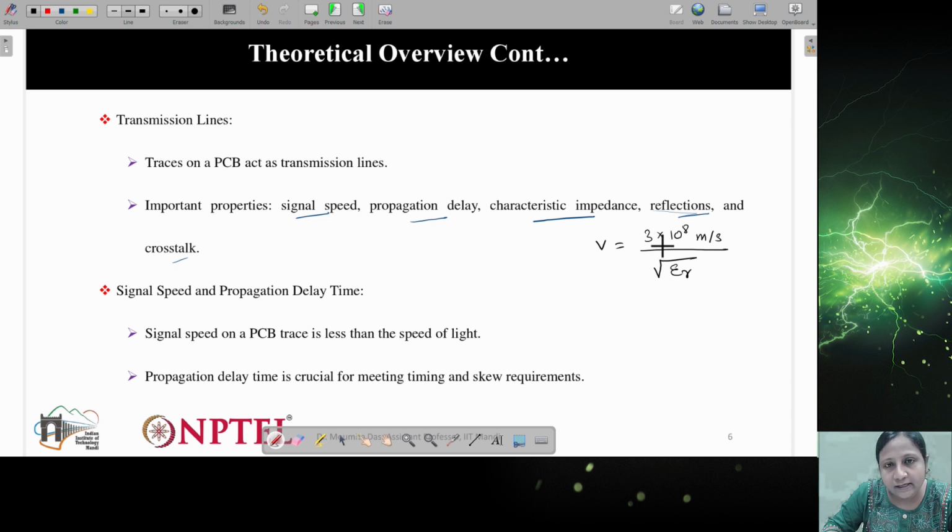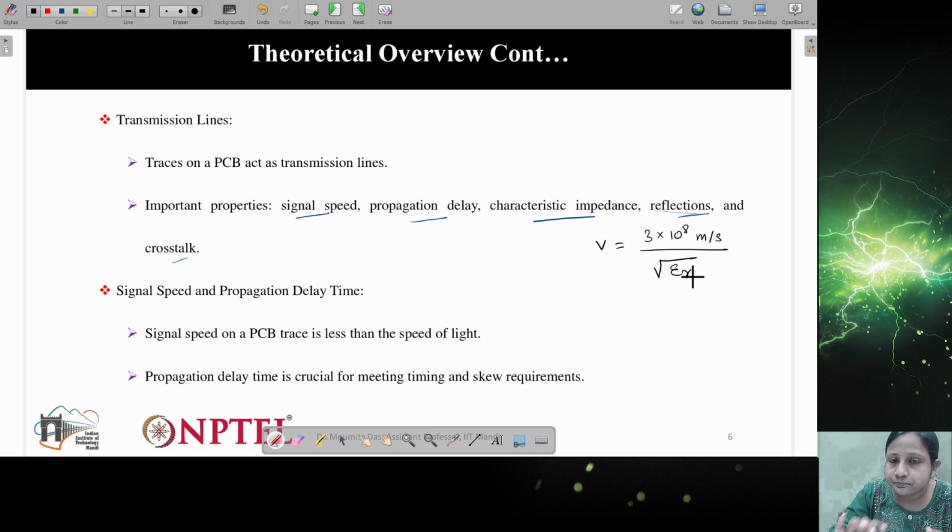The speed of light is given here. So how different is it going to be? It will be affected by the permittivity of the board material. You can see here the speed of light divided by root epsilon r. This is the factor which decides how much propagation delay there is going to be. For different board materials or different values of the other parameters, this propagation delay can be different, and it is going to affect the signal speed.